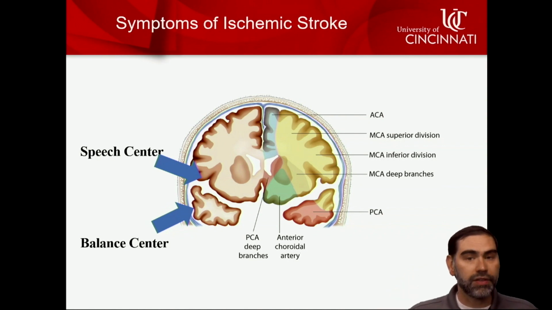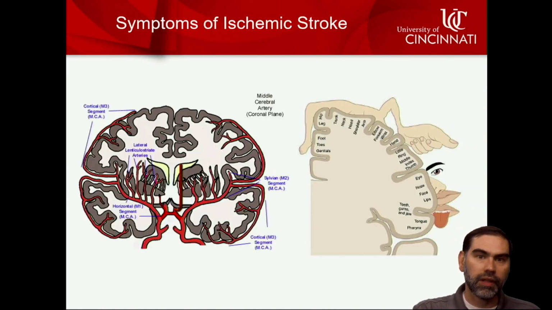The other part of this too is where all those blood vessels come together at the base. That's where the internal carotid arteries and vertebral arteries come together. They have a circle of Willis, but in very close proximity to that is something called the basilar artery.